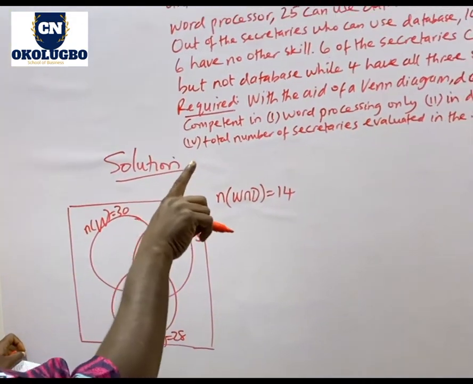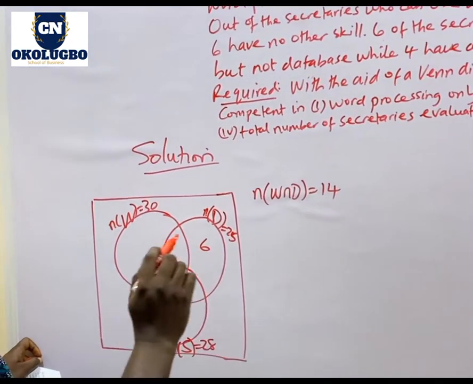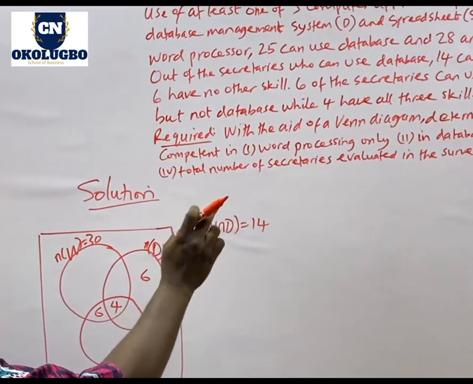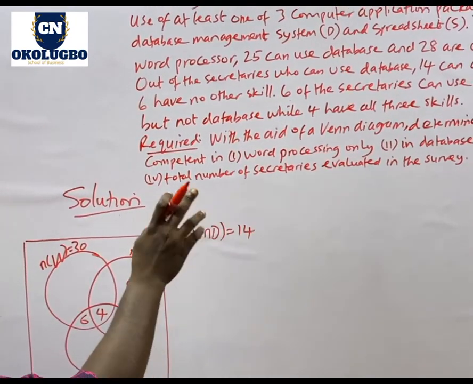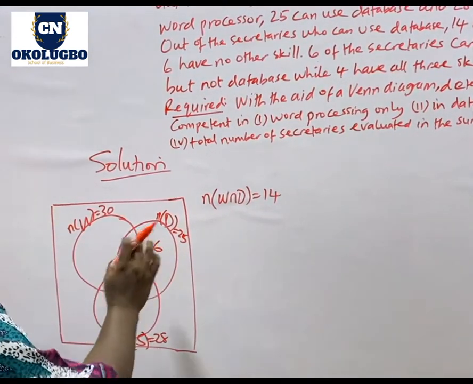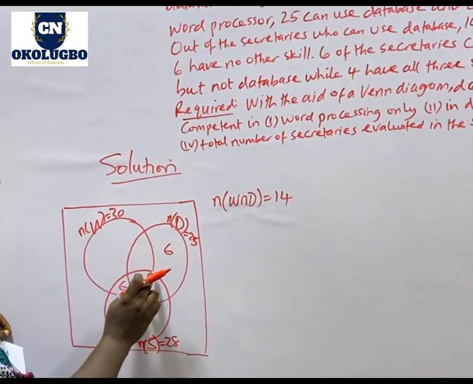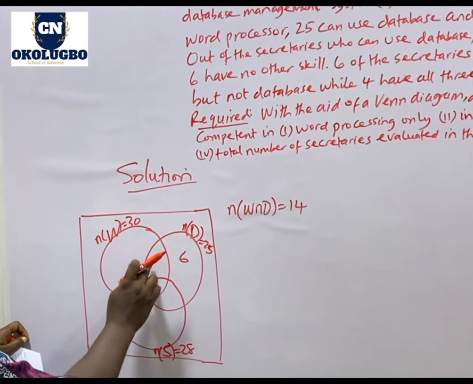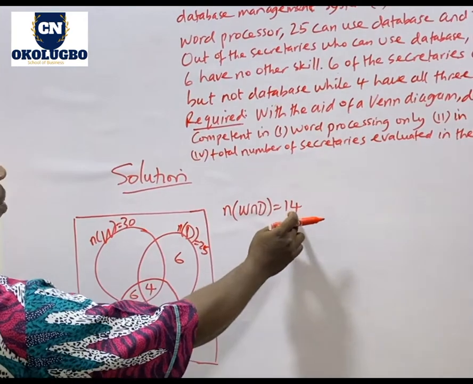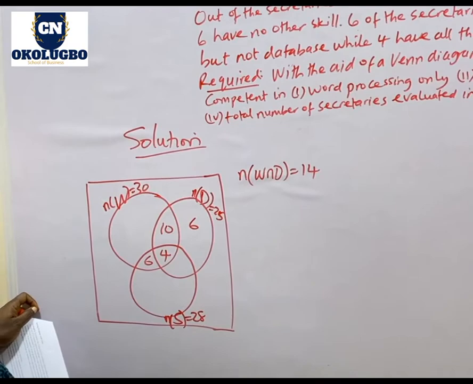Now we're told that 4 can use all skills. 4 will be here. Mind you, we have already determined that 14 can use word processor and database. Since the intersection cuts into this, we will deduct 4 from 14 to have 10 here. I trust you realize that.